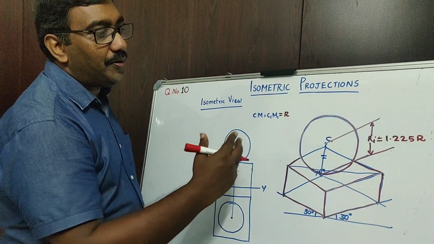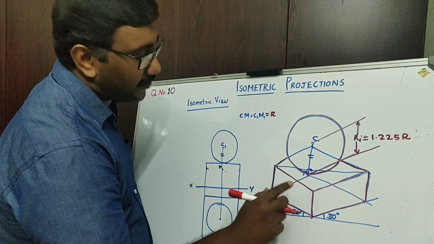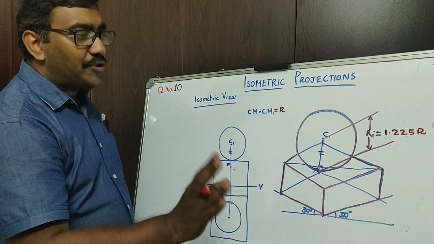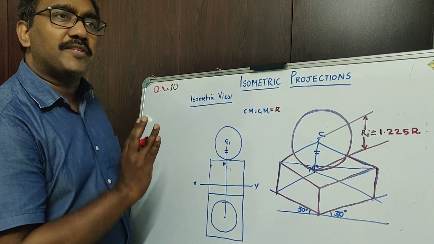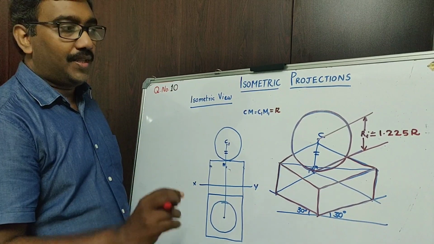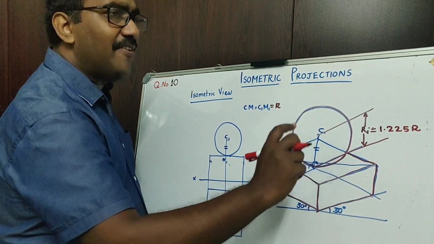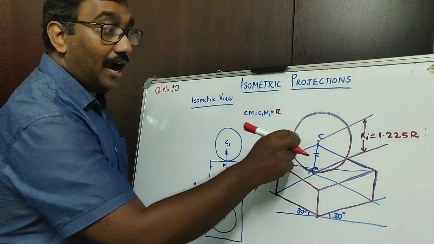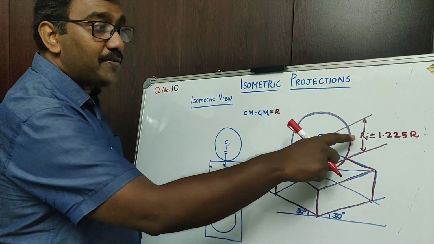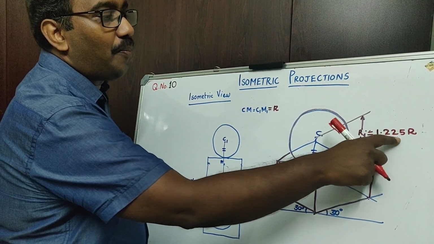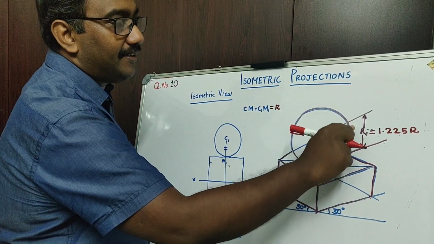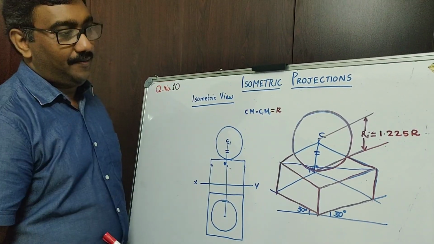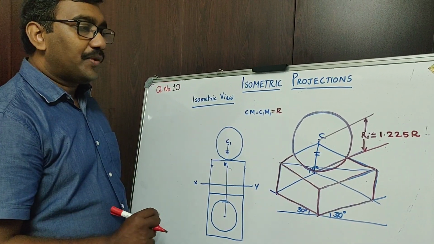Then you are going to draw the simple isometric view of the square slab with usual procedure for isometric view, using actual dimensions alone. Then you are finding the position of C with actual dimensions only. There is no change in that. After getting C, then only you are using Ri. Ri is equal to 1.225 times that of the radius of this particular circle. I think it is clear to you. We can practice this.